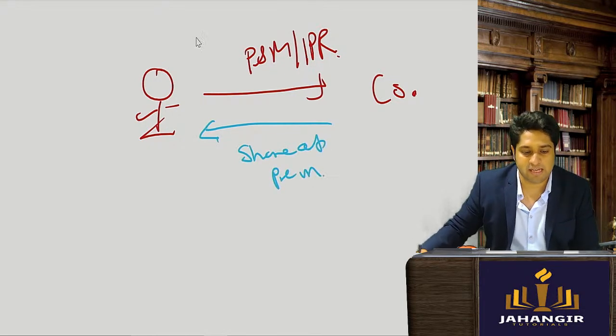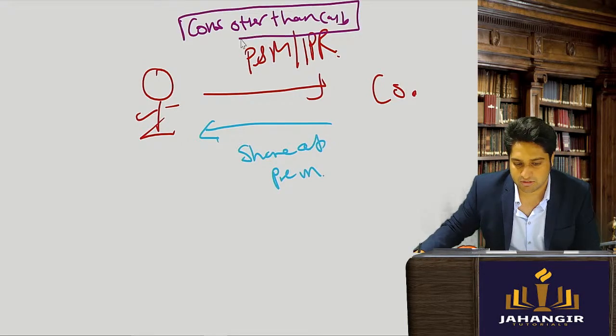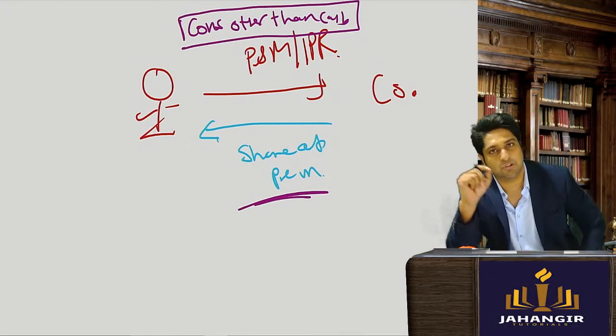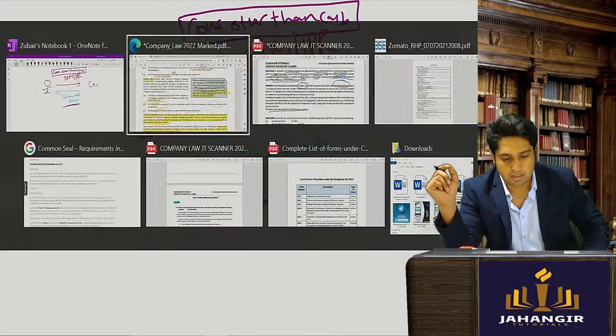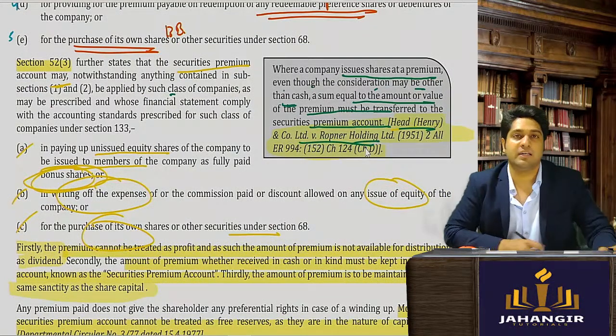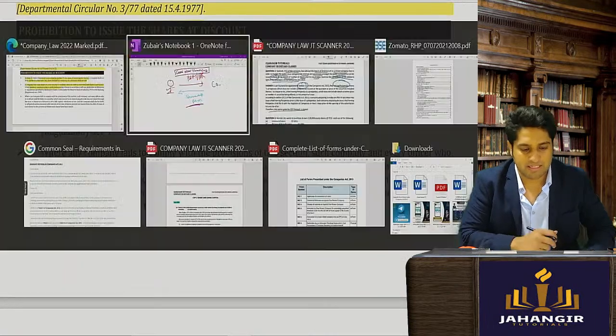So now he has given consideration other than cash. So shares have been issued other than cash. So still whatever is the premium amount, that has to be transferred into security premium account. That has been held in Henry versus Ropner Holding Limited. Concept clear? Moving ahead to the next section.